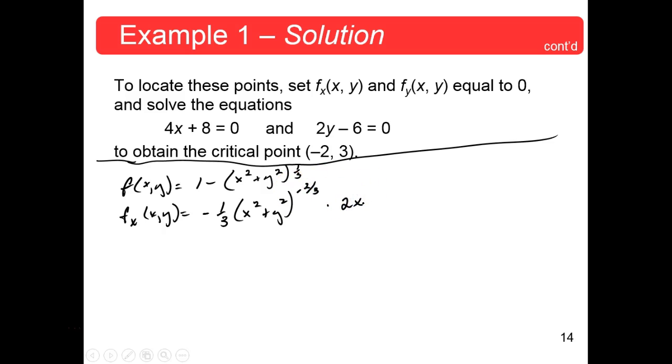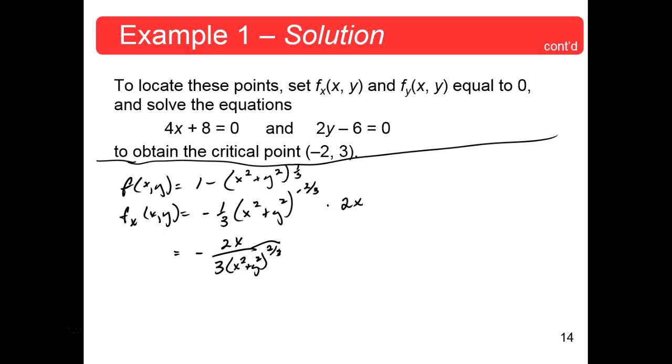Okay? And if you put all that together, that's a negative 2x over 3 times x squared plus y squared to the 2/3 power. If you put it in the denominator, losing the radical there.